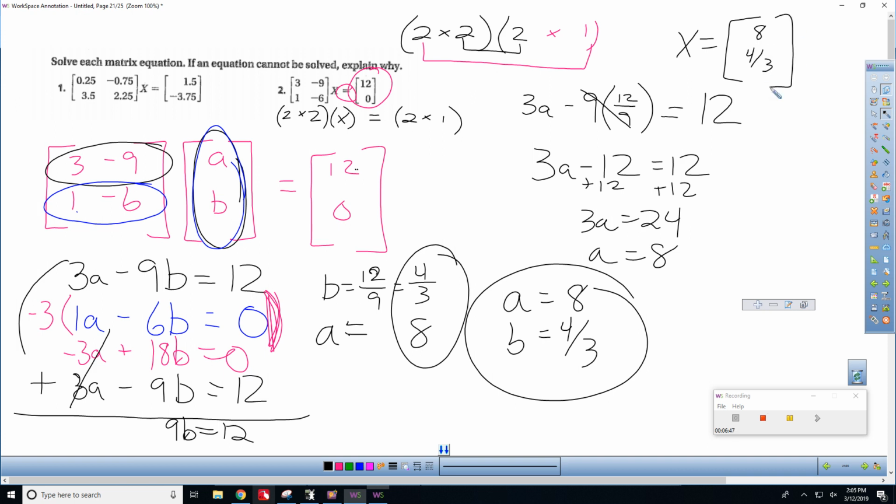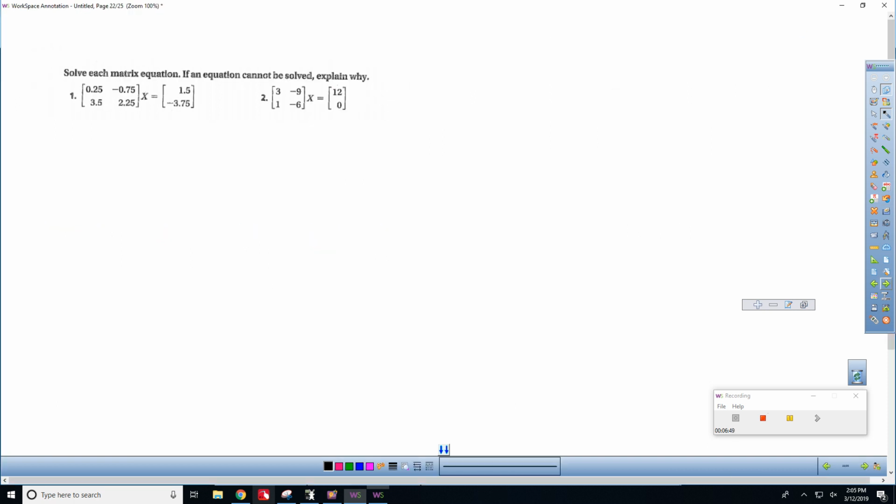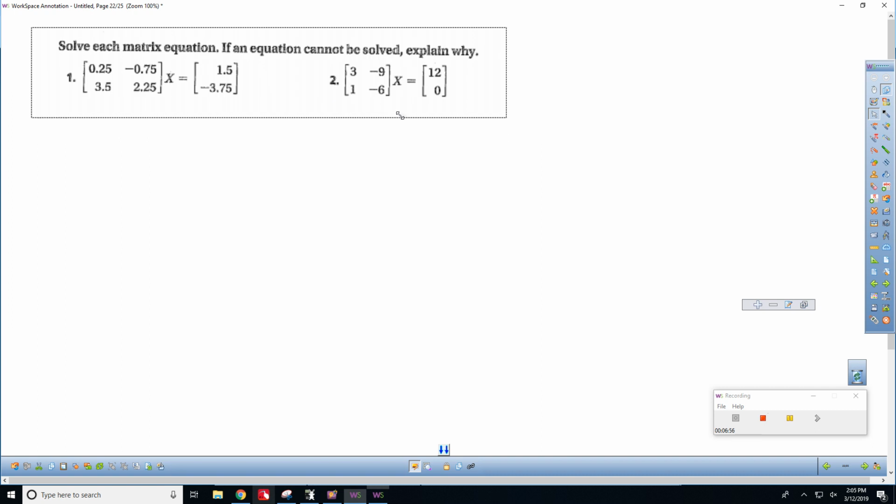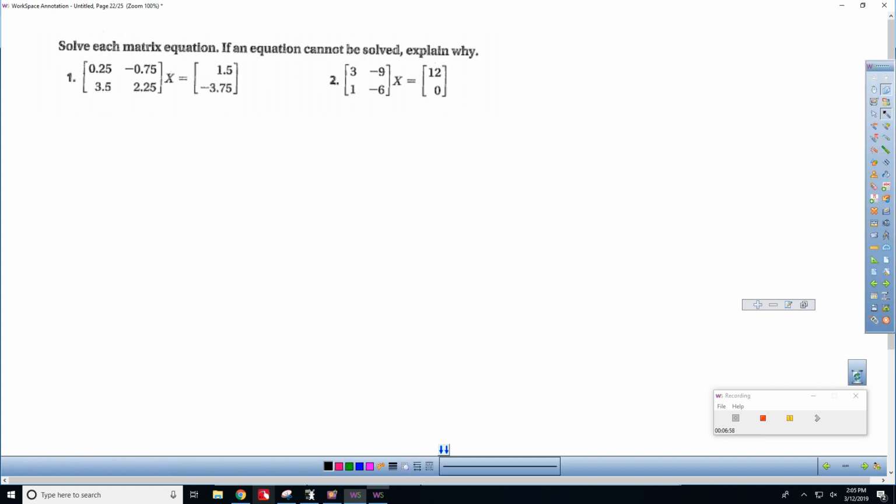Now what I want to do is show you a completely different way to do this question using inverse matrices. So let me just state some facts here. What we have here is AX equals B. What we want is X. So what we're going to do is multiply both sides by A inverse.